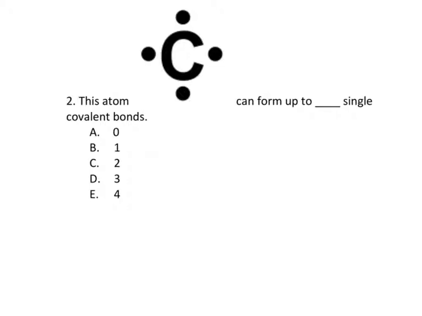So first off, on our carbon atom, we have 1, 2, 3, 4 valence electrons. And in a covalent bond, we have two atoms sharing a pair of valence electrons. So because carbon has 4 valence electrons available, that means it can make 4 bonds. It can form 4 single covalent bonds.